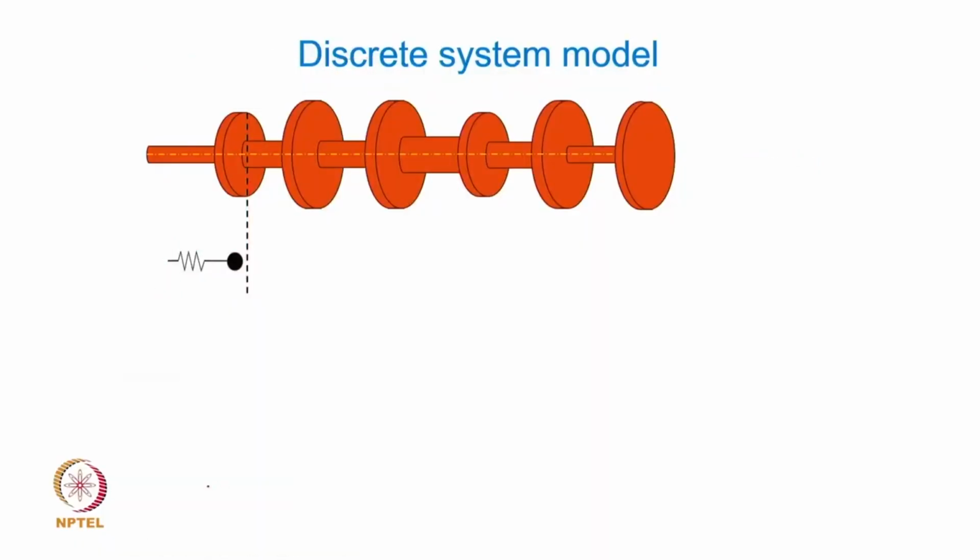Anyway, this is the basic process that we follow: we discretize this entire continuum into small segments, and each segment has a lumped mass element, and the remaining part is the stiffness element. Now, if this is to be treated like a torsional vibratory system, like the gearbox which we saw, the more dominant vibration is going to be torsional vibration, going by the torque transmission that happens in it.